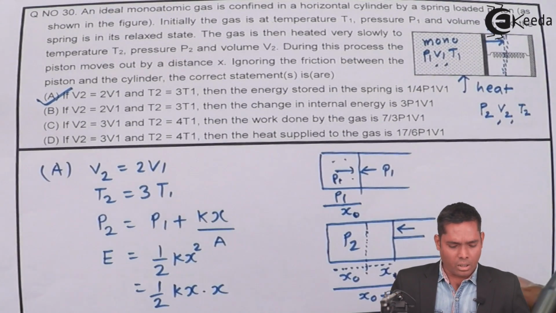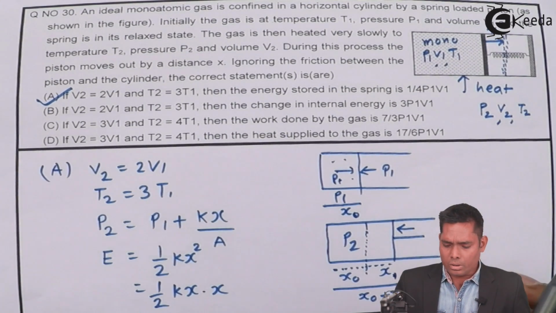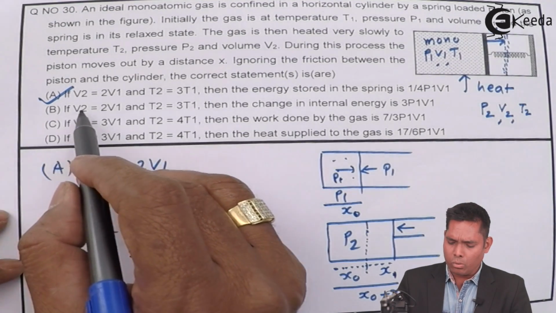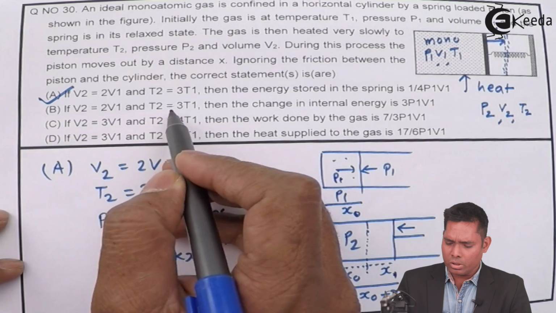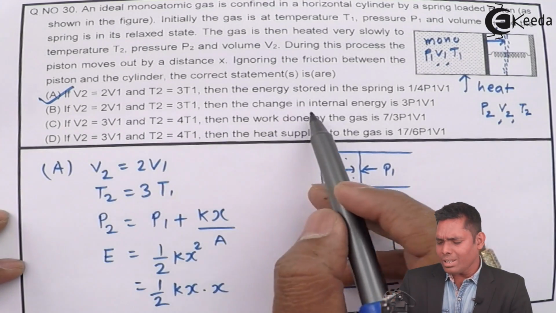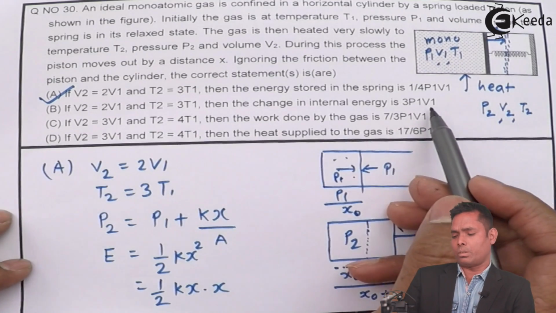In option B, I have to check if V2 is 2V1 and T2 is 3T1. That means under the previous conditions only, change in internal energy is 3P1V1.